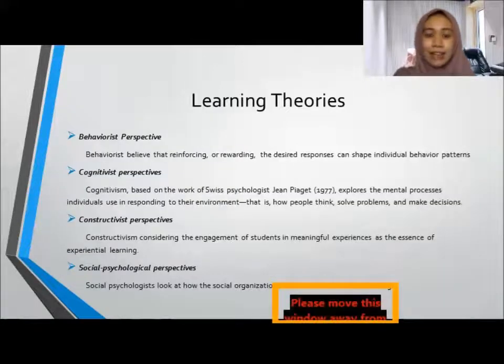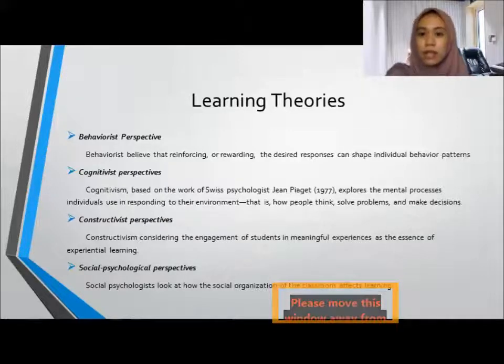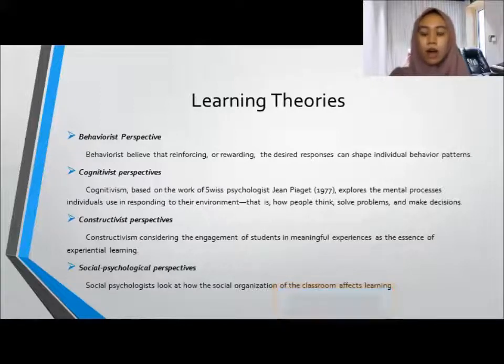Okay, in learning theories, there are four perspectives. The first one is the behaviorist perspective. Behaviorists believe that reinforcing or rewarding the desired responses can shape individual behavior patterns. They rely solely on observable behavior.